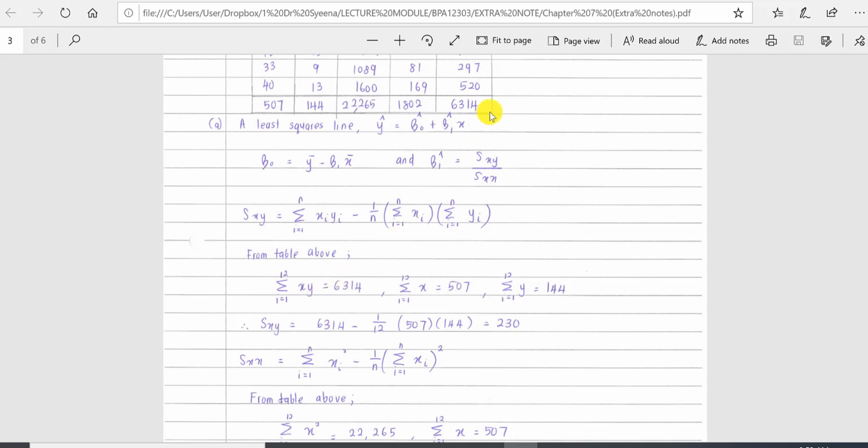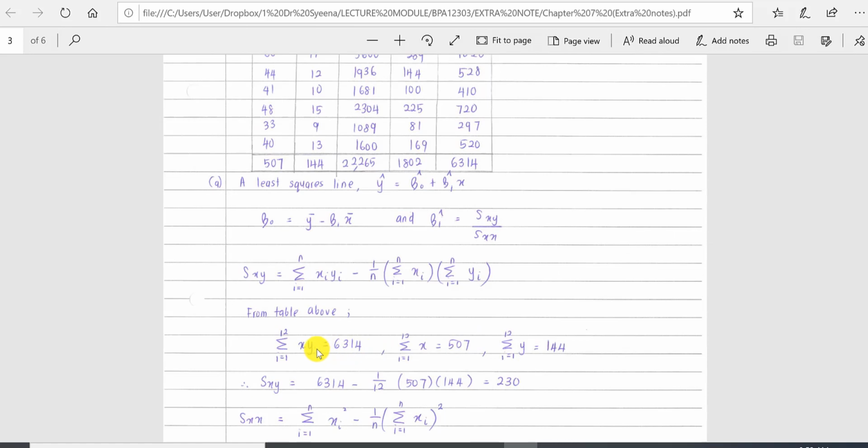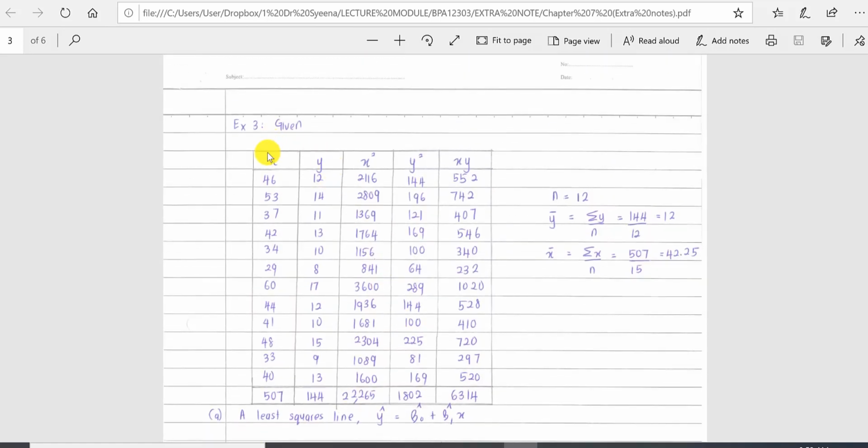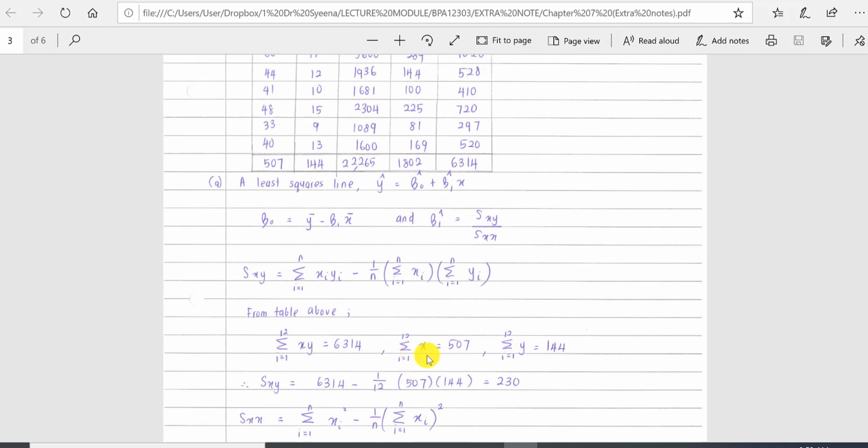We already calculated it here: the total is 6314. And the summation of x is 507, and the summation of y is 144.